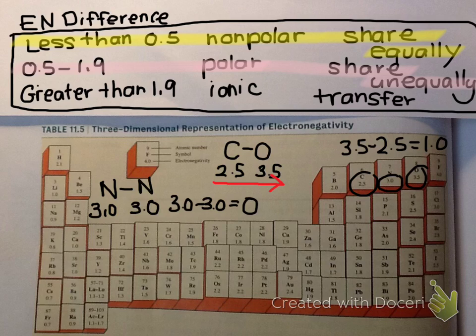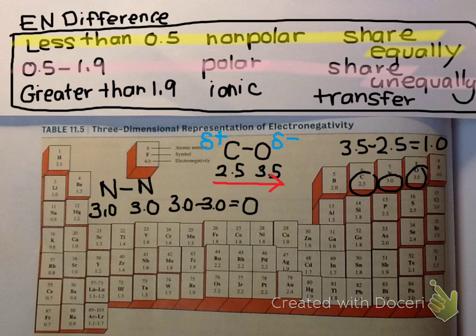Now another way they represent this is using the Greek letter delta. Because electrons are negative and oxygen is pulling the electrons toward it, it becomes partially negative, and they use a Greek little delta with a negative sign. And then carbon, because the electrons are being pulled away from it, gets a delta with a positive sign.